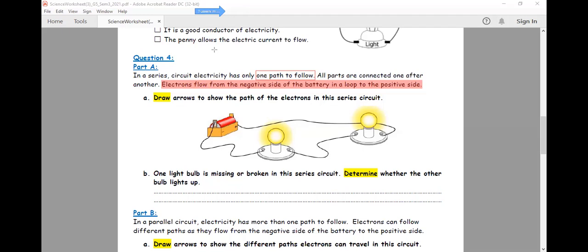Show us how electrons move or travel in this. You need to draw arrows. Okay, great. Bravo. Then it's Malak's turn, please.